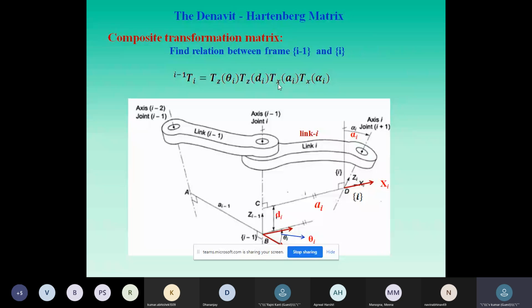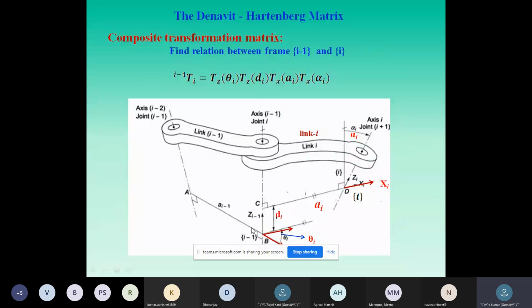Then our frame came here, now at point C. From point C we have to reach point B. For that you have to travel di along the Z axis. So the transformation matrix is about the Z axis by di.